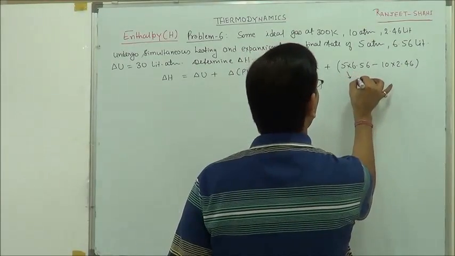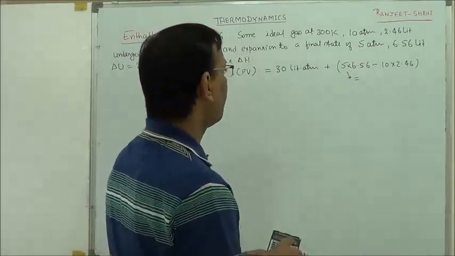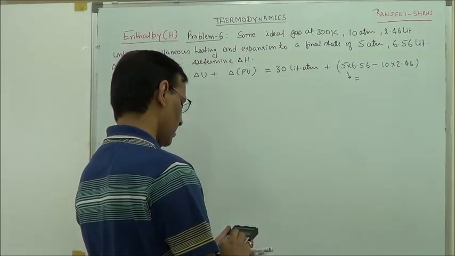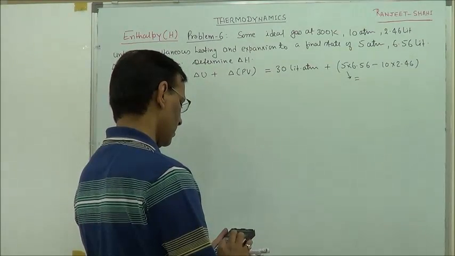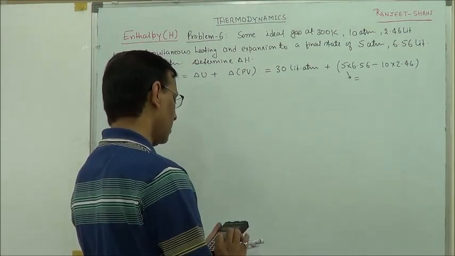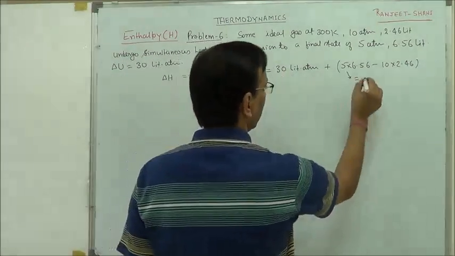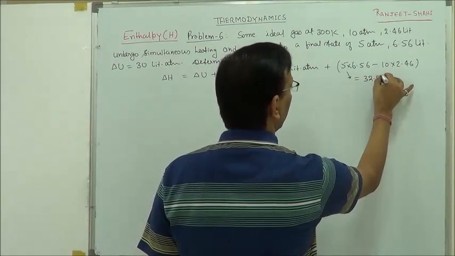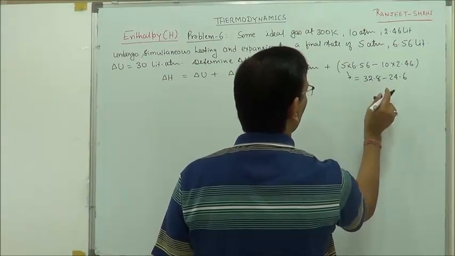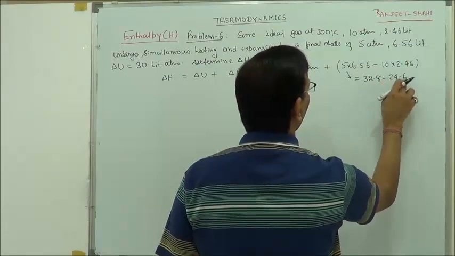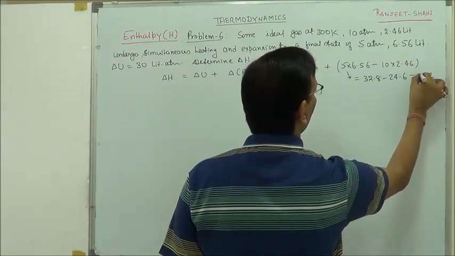It is 5 into 6.56, 32.8, minus 24.6, so 8.2.